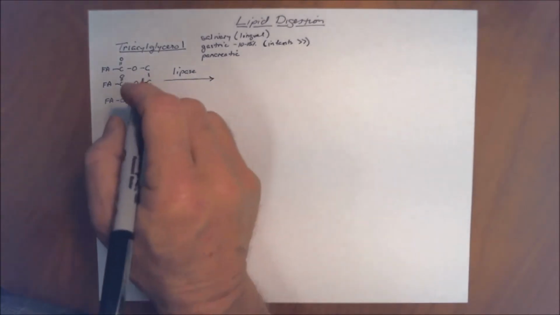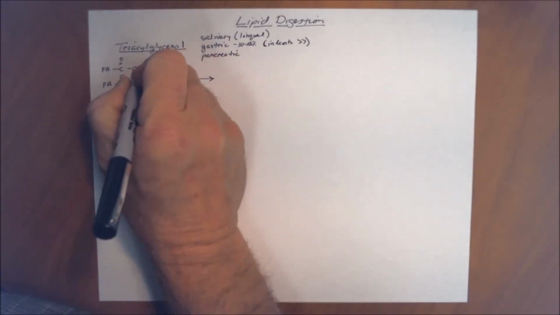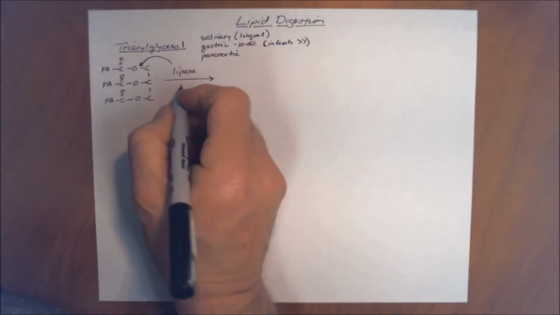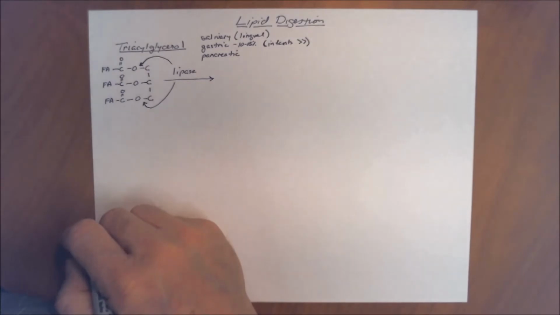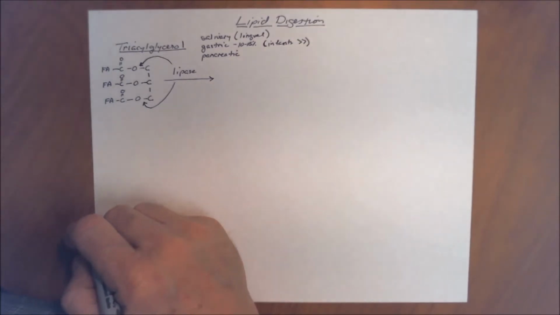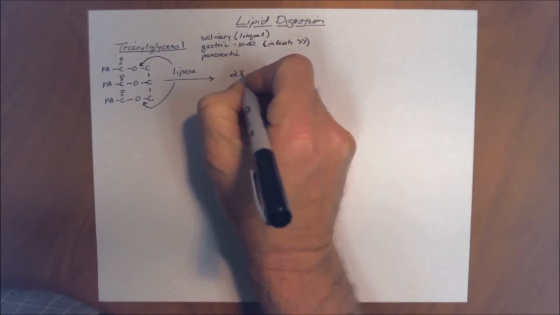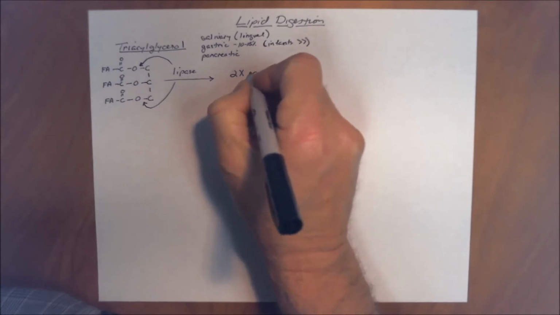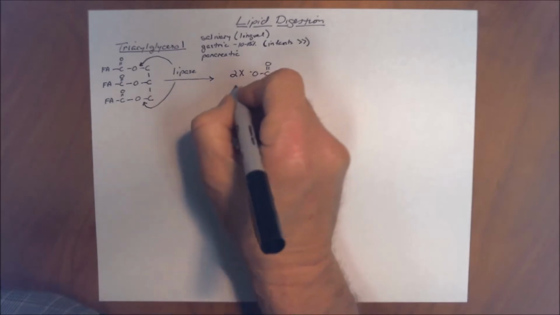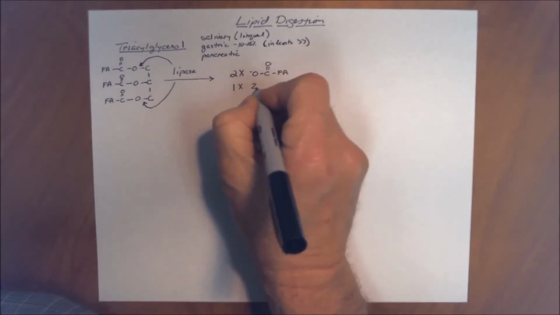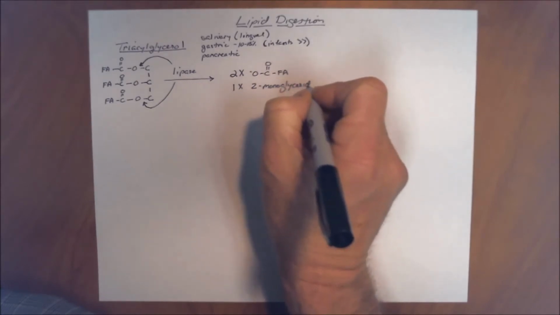So the lipase activity will digest the triacylglycerol in 2 places. It'll digest here and here on the end fatty acids. The result of this activity is to generate 2 fatty acid structures and 1 2-monoglyceride.